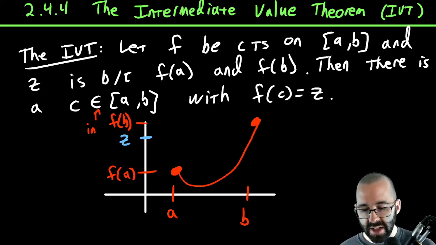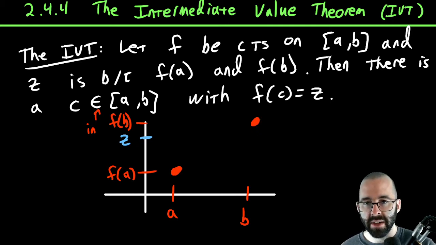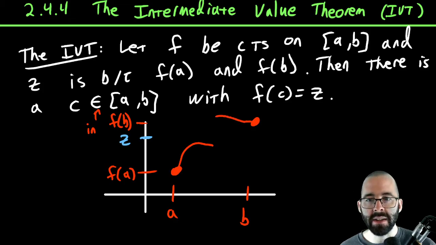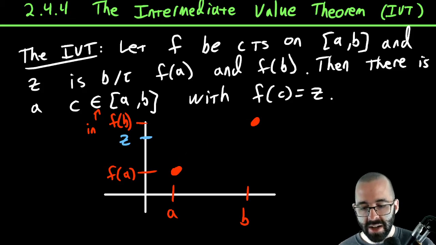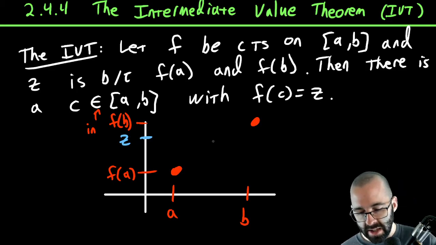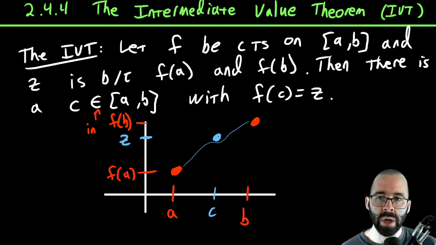It doesn't tell us what the function looks like, just says we have to cross and get that y value somewhere. Because if it's continuous, there's no way to skip it, right? We can't do this, because now it's not continuous anymore. All right, so we've got to cross somewhere. That's what we're looking at here. And somewhere there is that c value. I don't know where it's going to be. That's the intermediate value theorem.